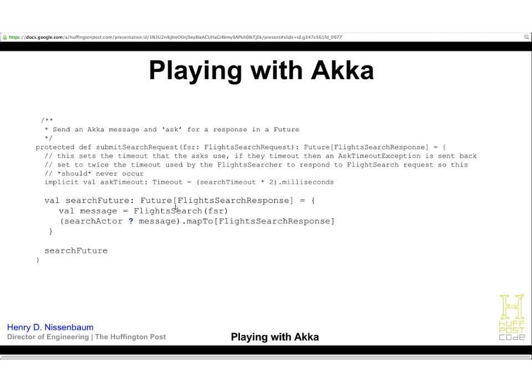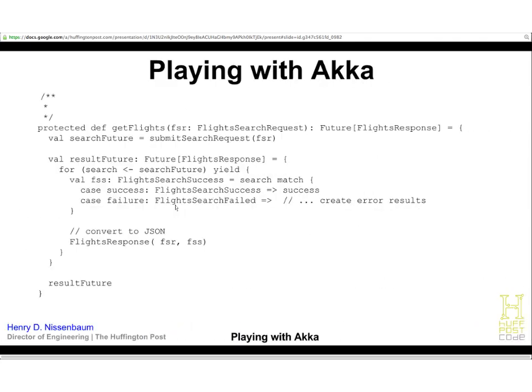So backing up a little bit, this function is used in turn by the method that actually gets the flights. Again, here's a bit of code, and I won't walk through all the details of it, except to say what you'll see is that we made the search request, we got the search future, and now we're pulling the data out of it.